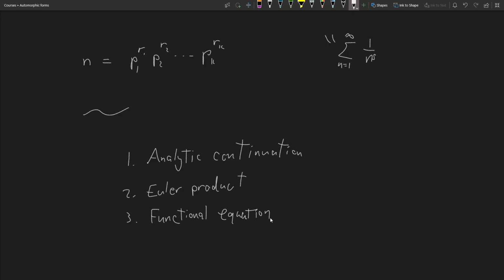And this is a pretty good template for L functions as a whole, right? Anytime you encounter an L function, often you're going to want to figure out what these three things are for that L function. You're going to want to show that it has an analytic continuation, an Euler product, and a functional equation. And that can be very difficult. But that's sort of the game that people usually play, and it's pretty universal.